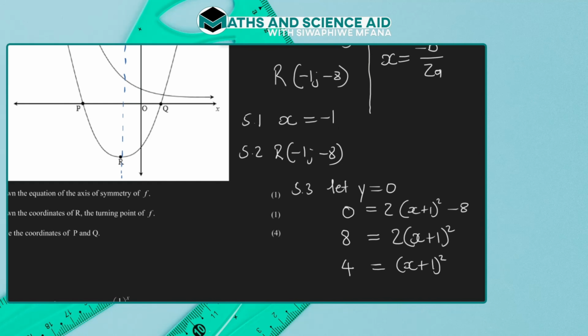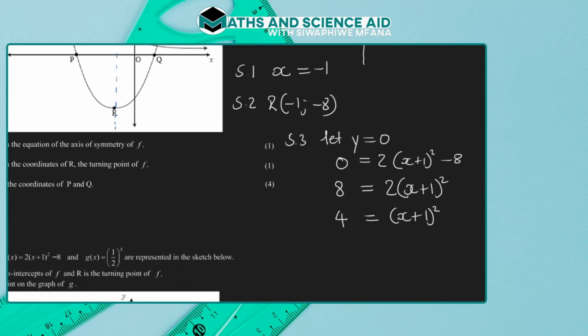And now after this, all that we can do is take the square root on both sides of the equation. So if we do that, we are going to have plus or minus 4 is equal to x plus 1.